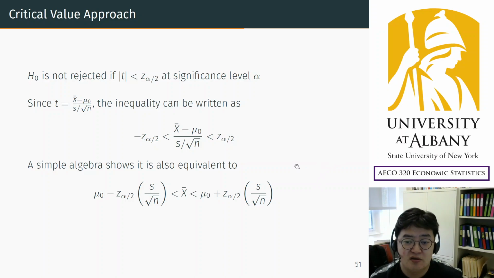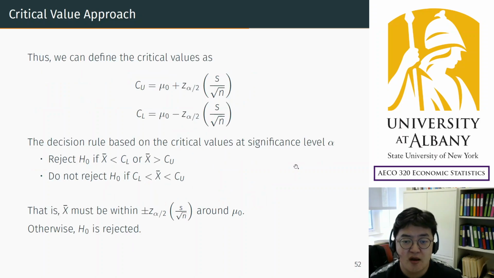So then you don't need to worry about calculating the p-value. The formulas for the upper critical value and lower critical value are based on this. This is a familiar form, and I will discuss that later. Once you calculate the critical values, you compare them to the sample average.